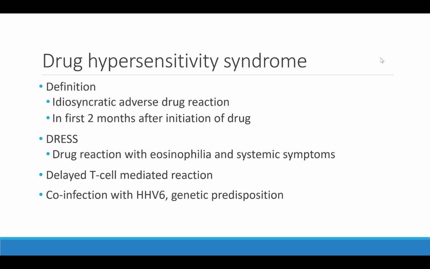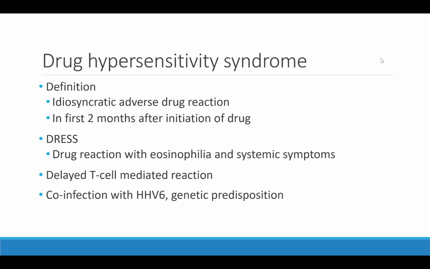We now move on to drug hypersensitivity syndrome, or DHS. Drug hypersensitivity syndrome can be defined as an idiosyncratic adverse drug reaction which occurs in the first 2 months after initiation of the drug. It is also commonly known as DRESS, which is drug reaction with eosinophilia and systemic symptoms. Pretty self-explanatory.